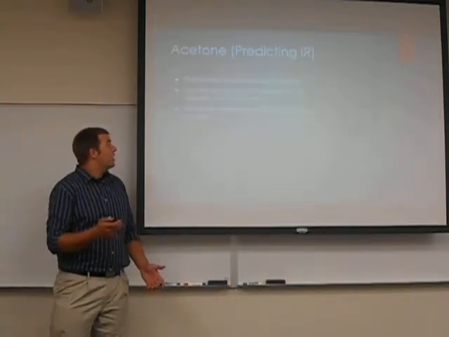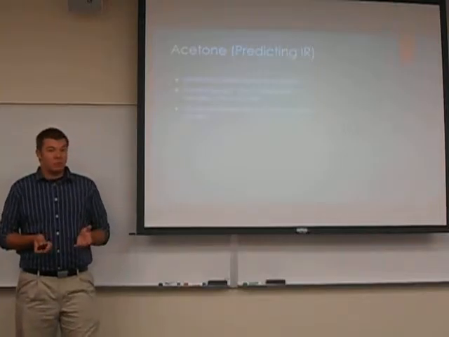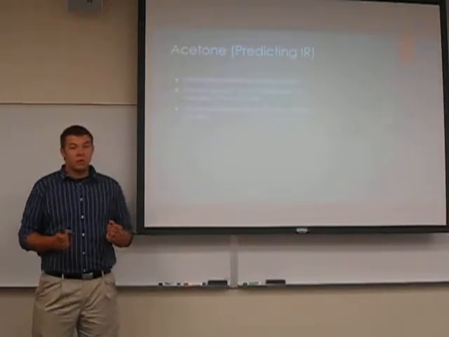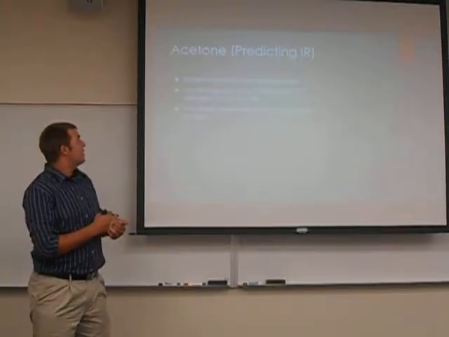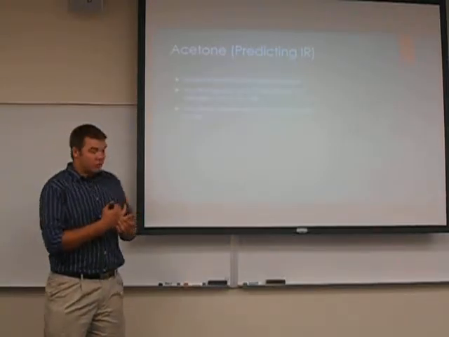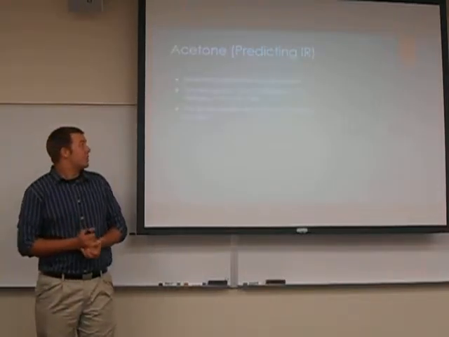Now, when we go to predict the IR spectrums, again, what we're looking for is the number of different types of H and the relative number of those H's. When we predict the IR, we're looking for the different types of H's present.